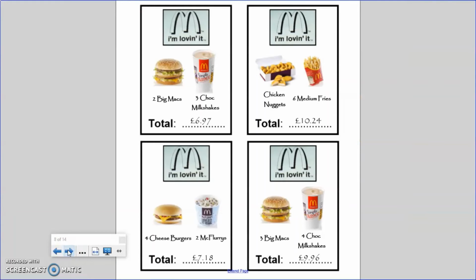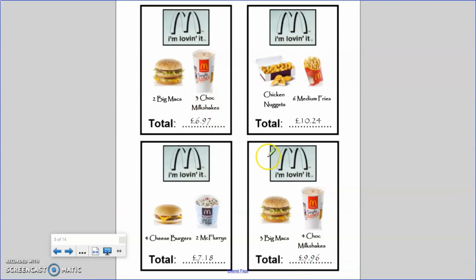So if I go back to this slide, just to give you a little hint as you approach the question, if I look at the first receipt and the 4th receipt, you'll see that I have 2 Big Macs and 3 chocolate milkshakes valuing £6.97. I have the same items on this receipt, Big Macs and chocolate milkshakes. So 3 Big Macs and 4 chocolate milkshakes are going to result in £9.96 for the price.